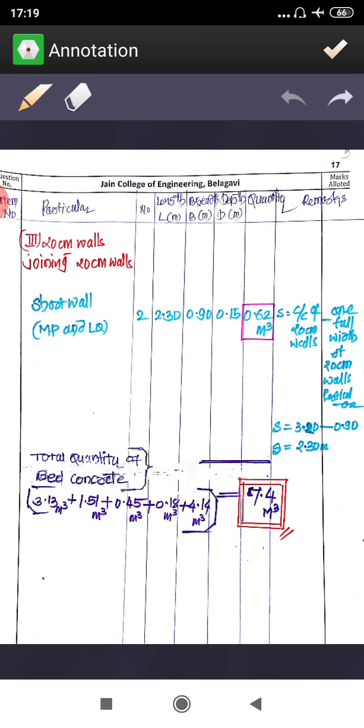So it is 2 into 2.30 into 0.90 into 0.15, which is 0.62. Now altogether the total quantity is 3.13 plus 1.15 plus 0.45 plus 0.18 plus 4.14, so altogether it is 7.4 meter cube.